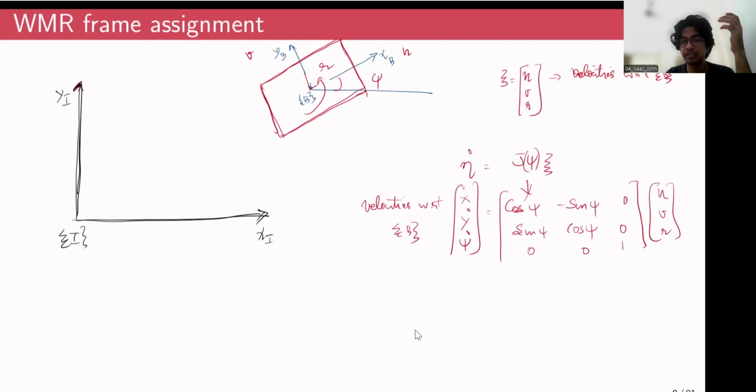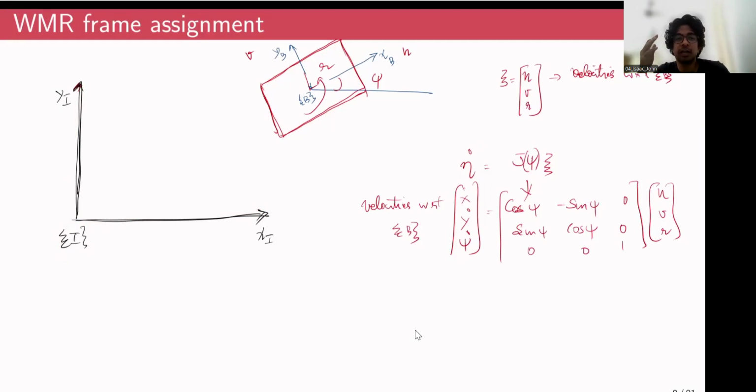And the reason for this mapping is, as an observer, our position is always with respect to the inertial frame, right? Because we are not sitting on the mobile robot. Our frame of reference should always be referred with respect to the inertial frame of reference, right? Because we are actually staying on the ground.